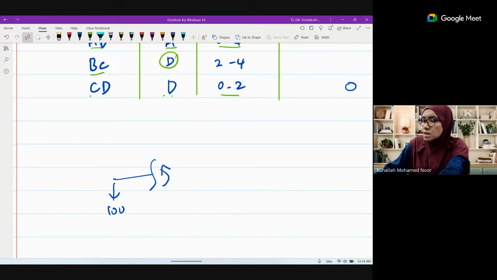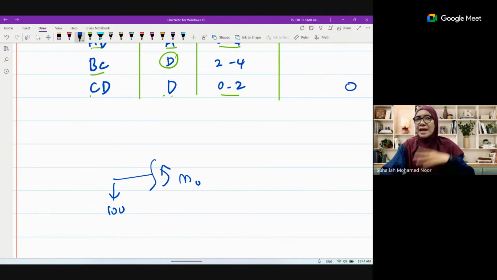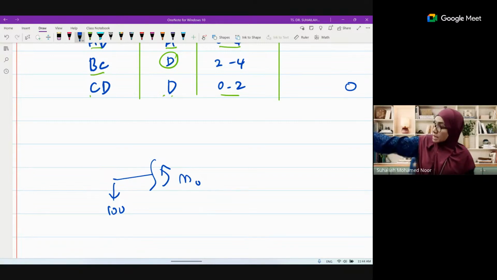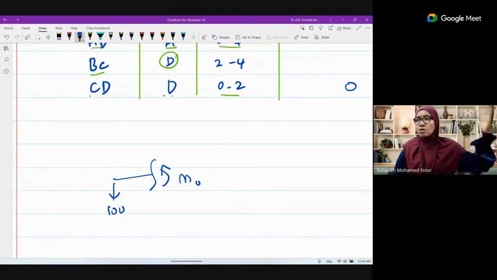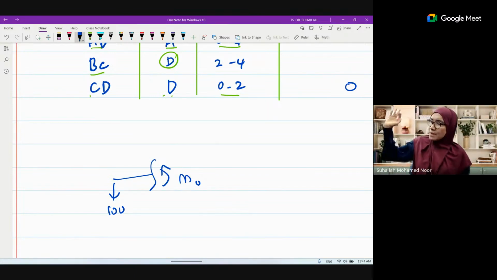Moment acting counterclockwise, don't make a mistake. Origin from left, moment counterclockwise; origin from right, moment clockwise. Can you remember?